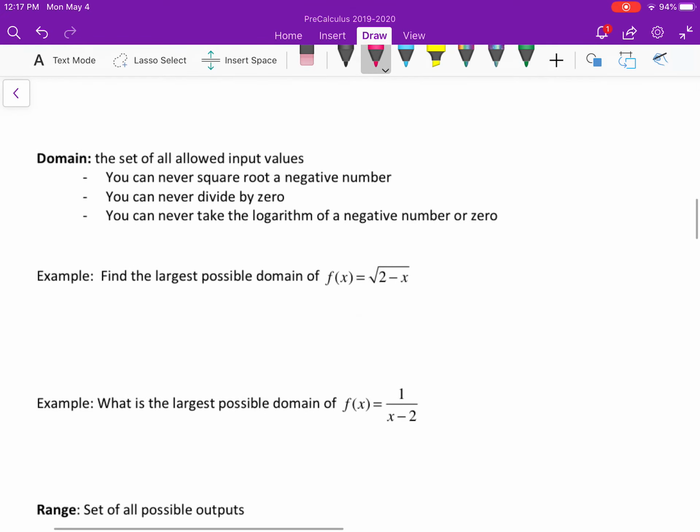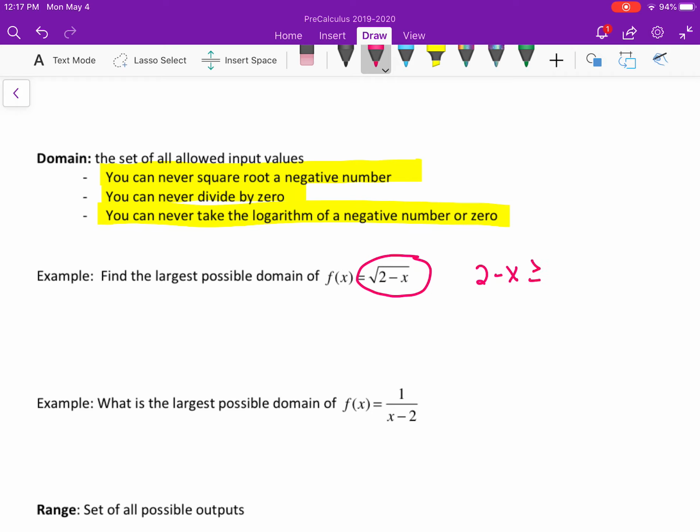Now, reviewing domain, there are three things you should remember. You can never square root a negative number, you can never divide by 0, and you can never take the logarithm of a negative number or 0. All right, so when asked to find the largest possible domain, you can graph this and put this in your calculator. You can also realize that you can never square root a negative number.